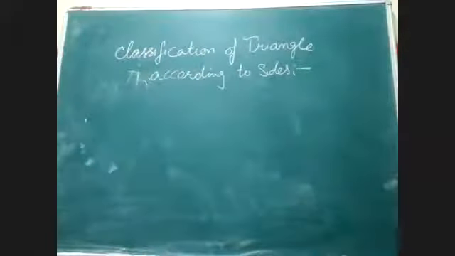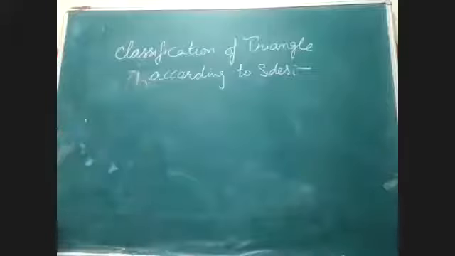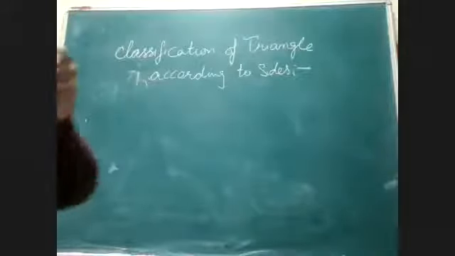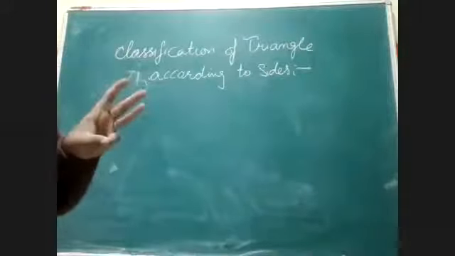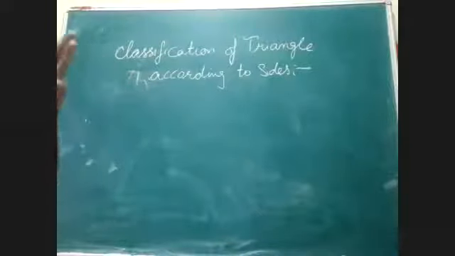Classification means types of triangles on the basis of sides. So on the basis of sides, we have three types of triangle.